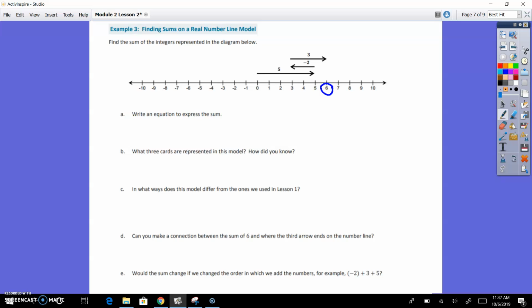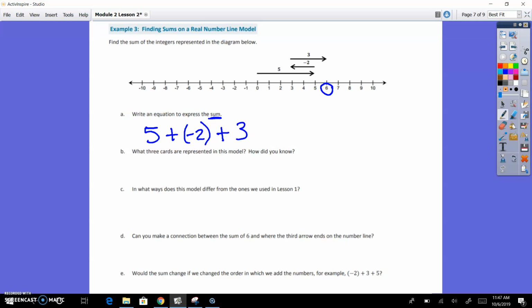So our sum is going to be 6, but we need an equation, and it says to express this sum, meaning it's an addition equation. So we're starting out with 5, and then we're adding a -2 because it's a sum, instead of just writing 5 minus 2. Okay, plus 3.